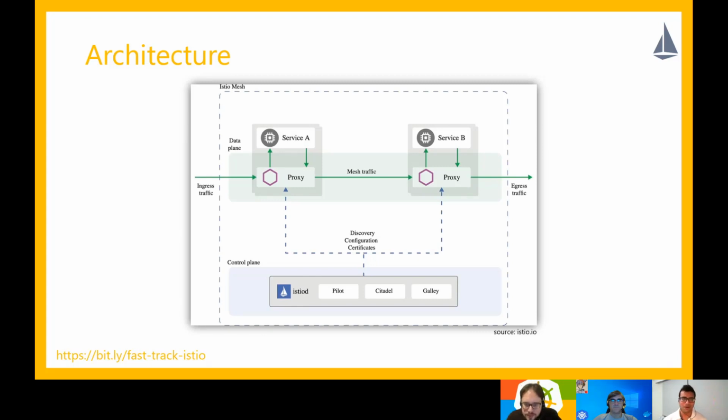Let's quickly talk about the architecture of Istio. We have already seen the generic architecture of a service mesh. So how does that architecture translate to the real architecture of Istio? Istio has a daemon running as its control plane. The daemon has a bunch of small components all packaged into one single binary.